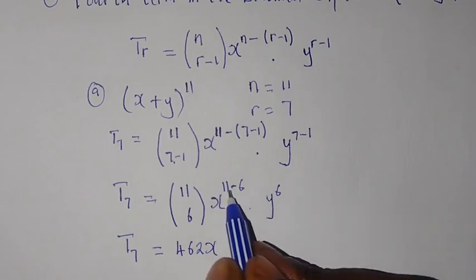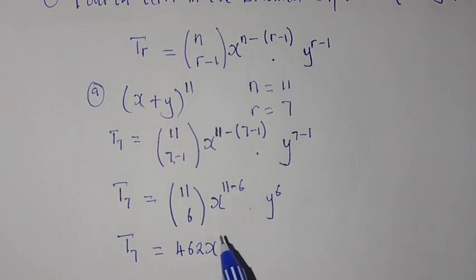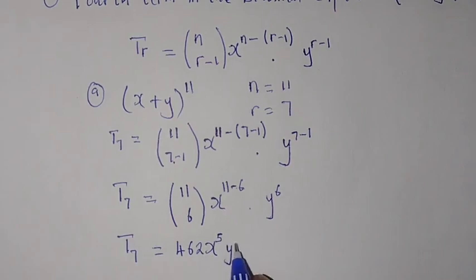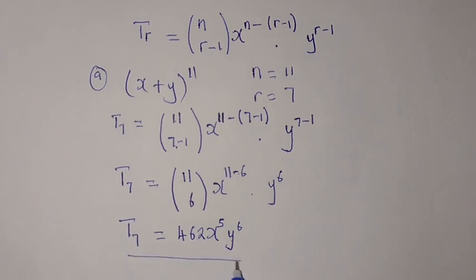Here we have 11 minus 6, and we are going to get 5. Then we have y raised to the power of 6. So our seventh term is 462 x to the power 5, y to the power 6. So this is our answer.